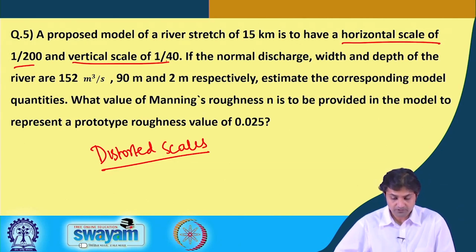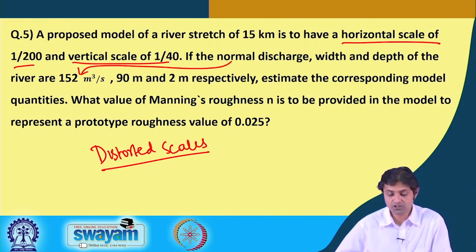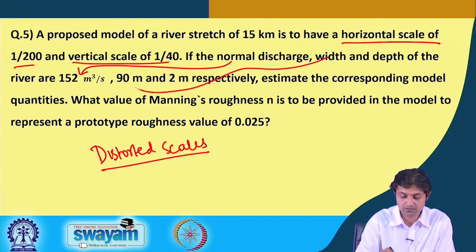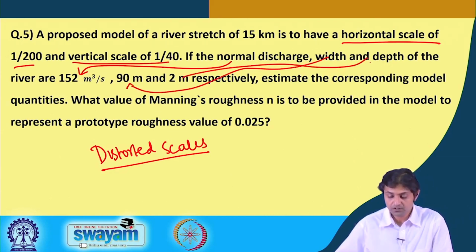If the normal discharge, width and depth of the river are 152 meter cube per second, 90 meter and 2 meters, we have to estimate the corresponding model quantities.